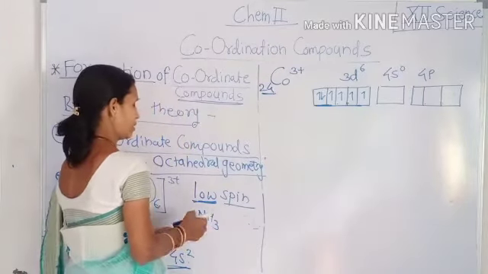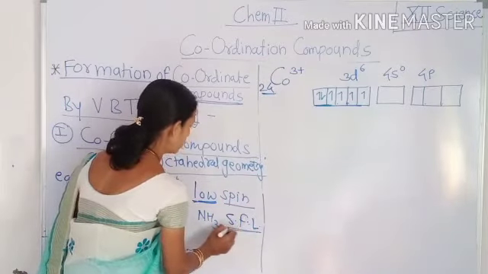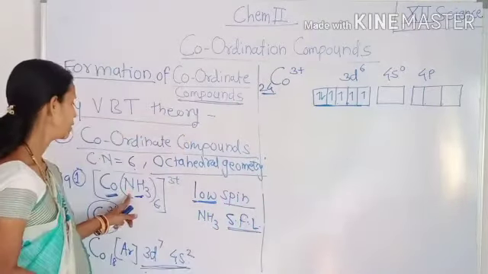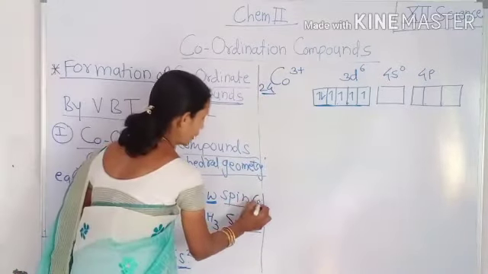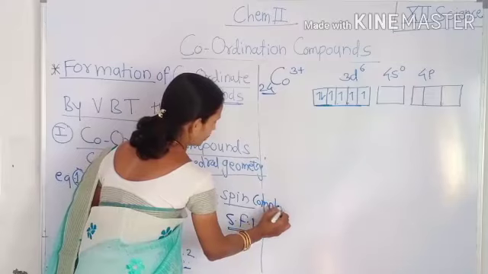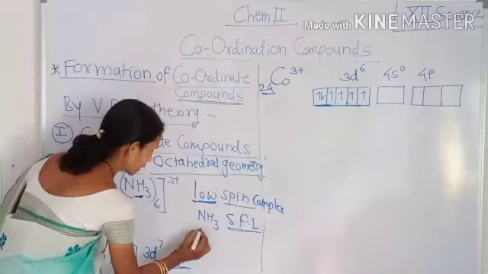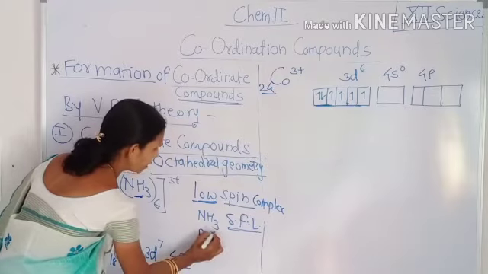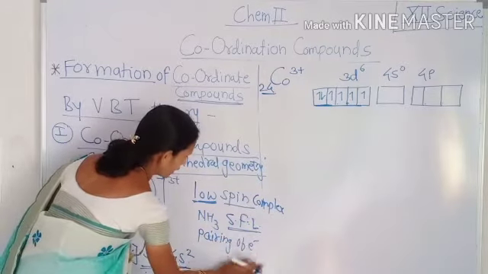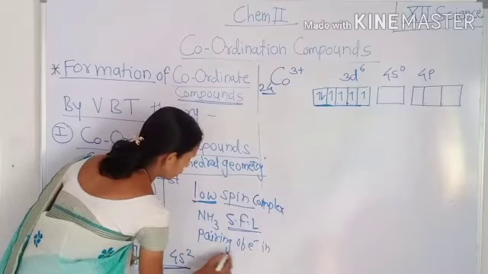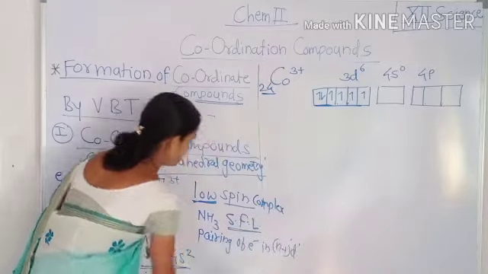Here, the strong field ligand makes the complex formation low spin, and therefore pairing of electrons takes place in the (n-1)d orbital.